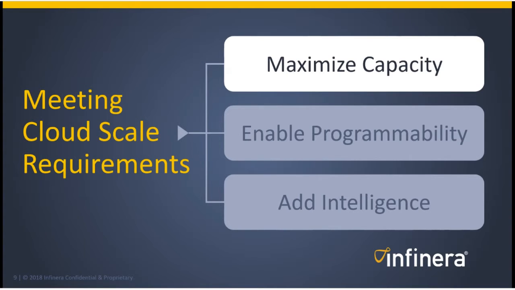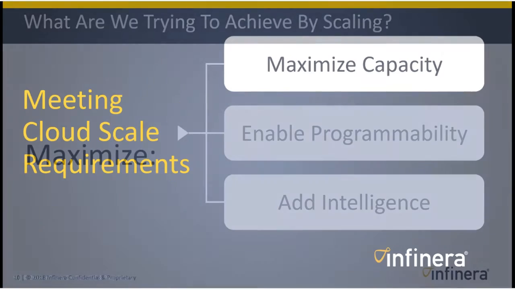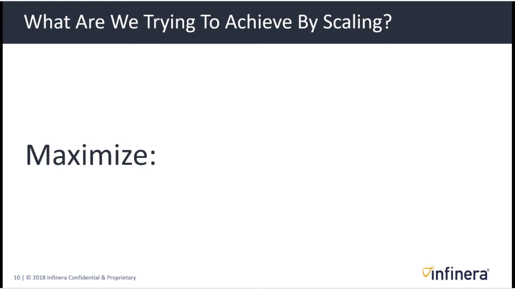So, what are cloud-scale network requirements and how do we satisfy them? Well, I'm going to break these down into 3 factors: maximizing capacity in the optical network, enabling programmability, and adding intelligence. And I'll start with maximizing capacity. When we think of optical scaling, we're actually trying to achieve a number of objectives, although it's not possible to maximize all of these at the same time.